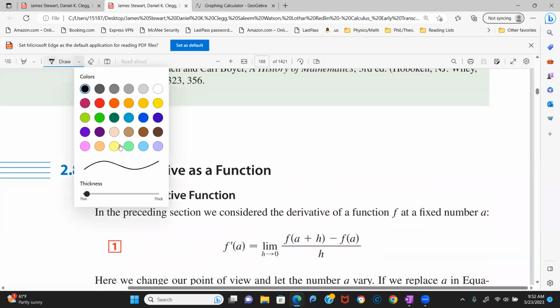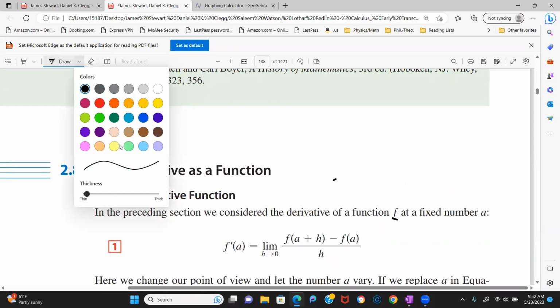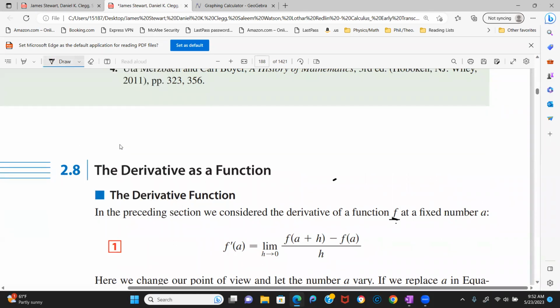So in the last section we saw, if I gave you a function f and a fixed number a, you could look at this limit of this ratio right here, the difference quotient. This right here is called the difference quotient, and then you can just give it a name called f prime of a.